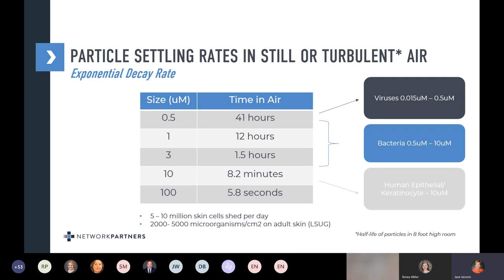Bacteria, the mid-size between a half micron and 10 micron, can be in the air anywhere from 12 hours to 8.2 minutes. And then skin cells, human skin cells, the largest at 10 micron, can settle out in 8.2 minutes down to 5.8 seconds.